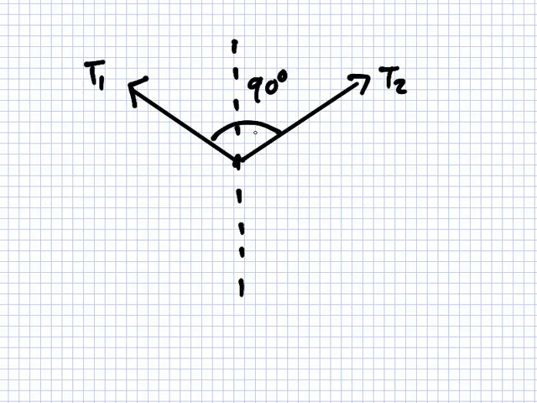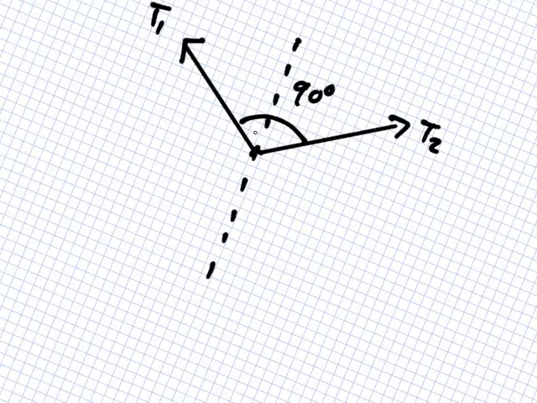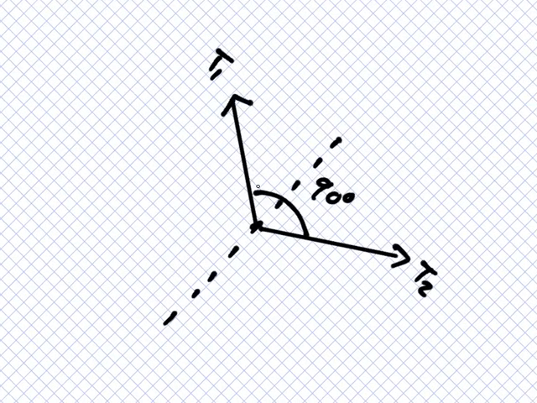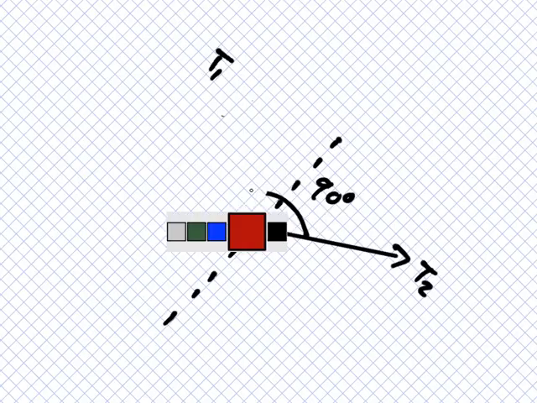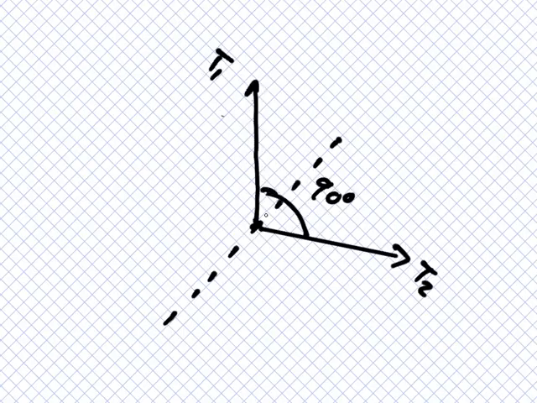So if I rotate this a little bit, now I know it's 90, so I should draw it a bit more perpendicular. Okay, that's 90. How much is this one? This one is 40, and this one here is 50.